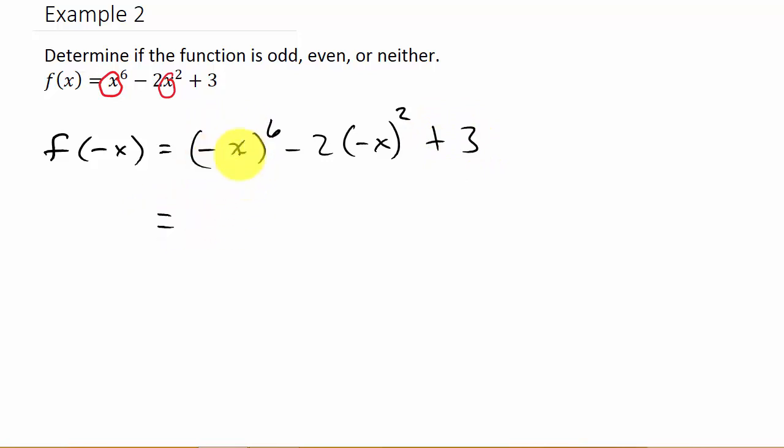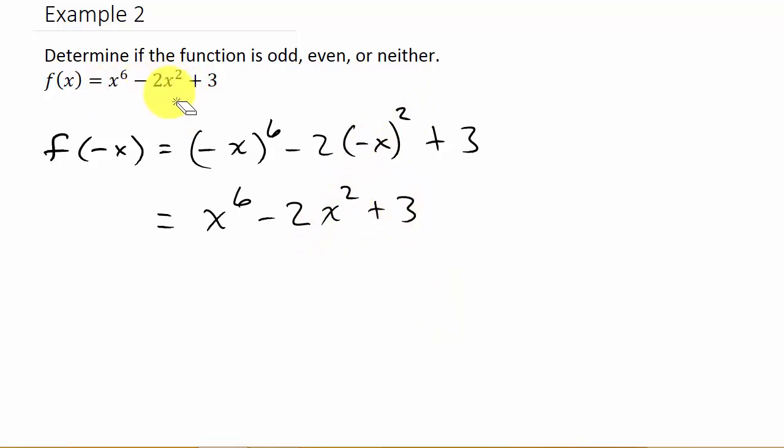And if we raise negative x to the 6th power, when you raise a negative number to an even power, that's going to give you a positive. So that would be x to the sixth minus 2 times, and negative x squared, well, negative x times negative x is positive x squared, plus 3.